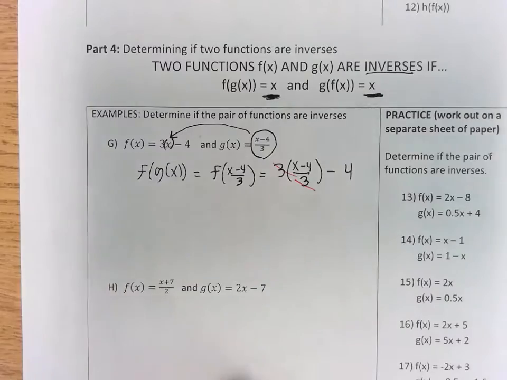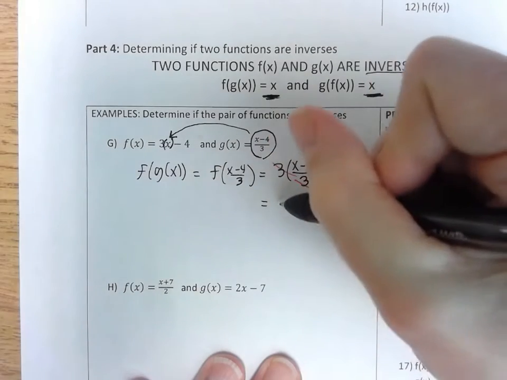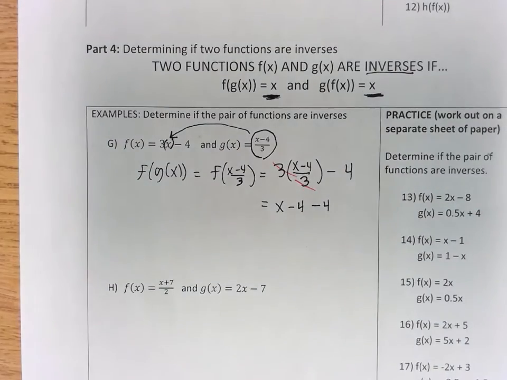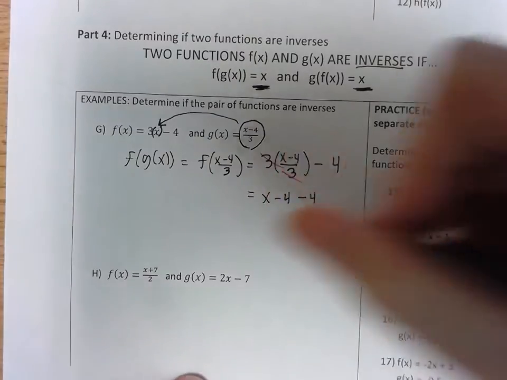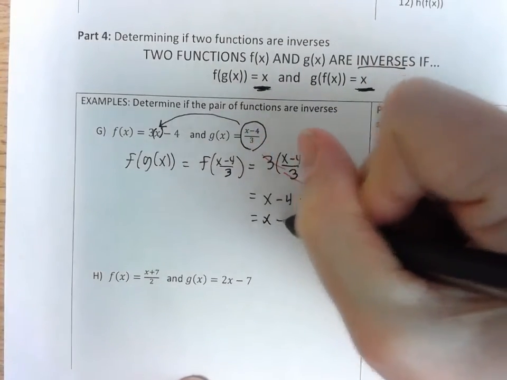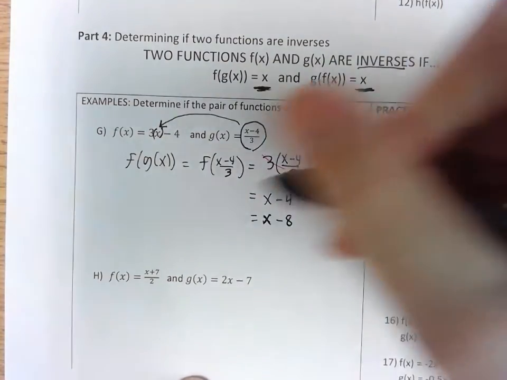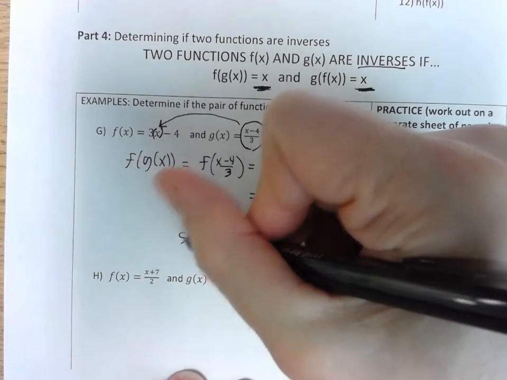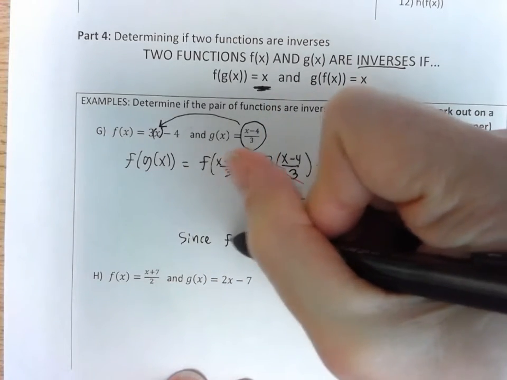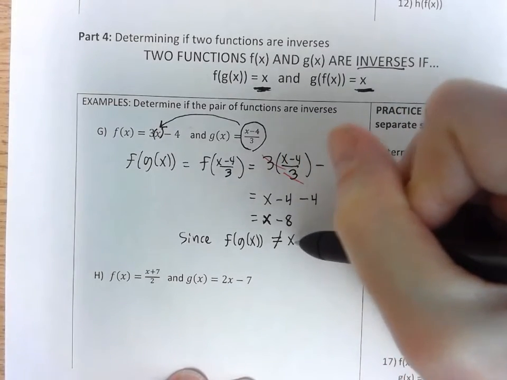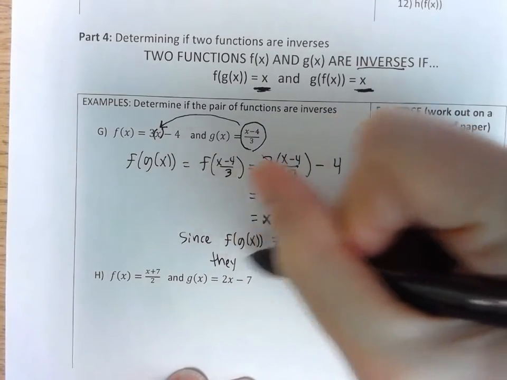So I have x minus 4, but then I have another minus 4. Those aren't opposites of each other, so that's actually going to give us x minus 8. Since that's not x, these guys are not inverses.